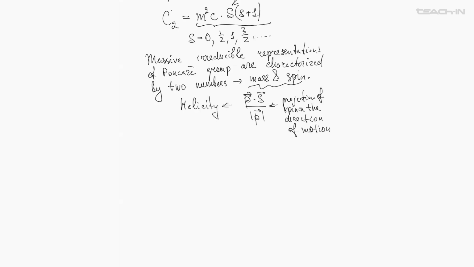But what we expect is that in this infinite-dimensional Hilbert space of a quantum scalar field, we will realize an irreducible representation of the Poincaré group, because it is a symmetry group of a quantum scalar field.